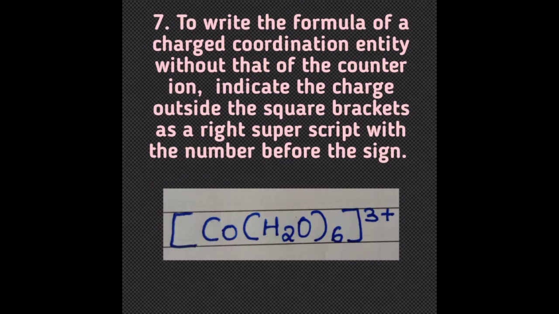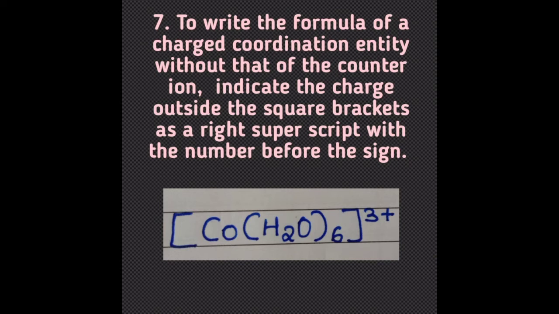Rule number 7, to write the formula of a charged coordination entity without that of the counter ion, indicate the charge outside the square brackets as a right superscript with a number before the sign. Here you have an example, [Co(H2O)6]3+. That 3+, first the number, then the sign, is written as a right superscript outside the coordination sphere. So this coordination compound is charged.